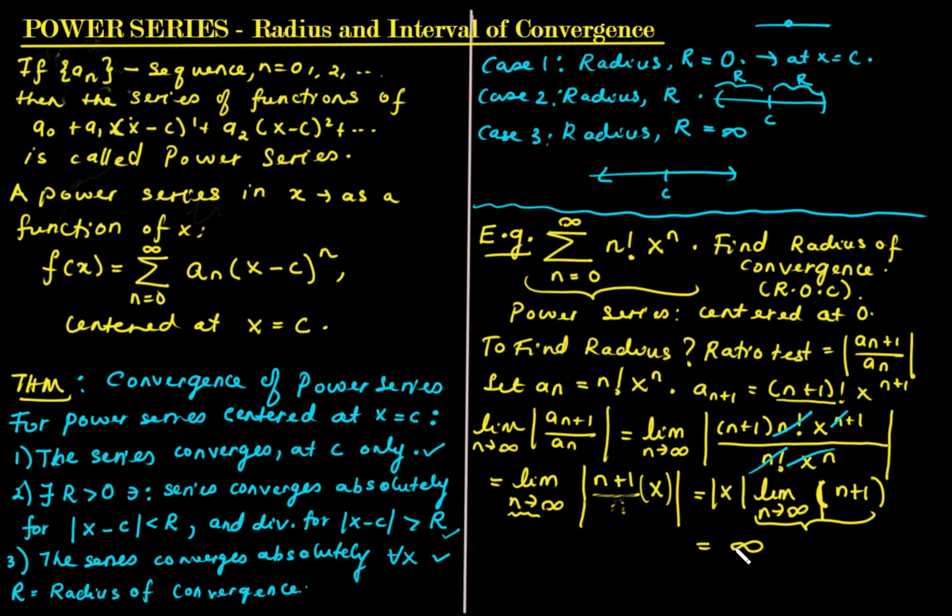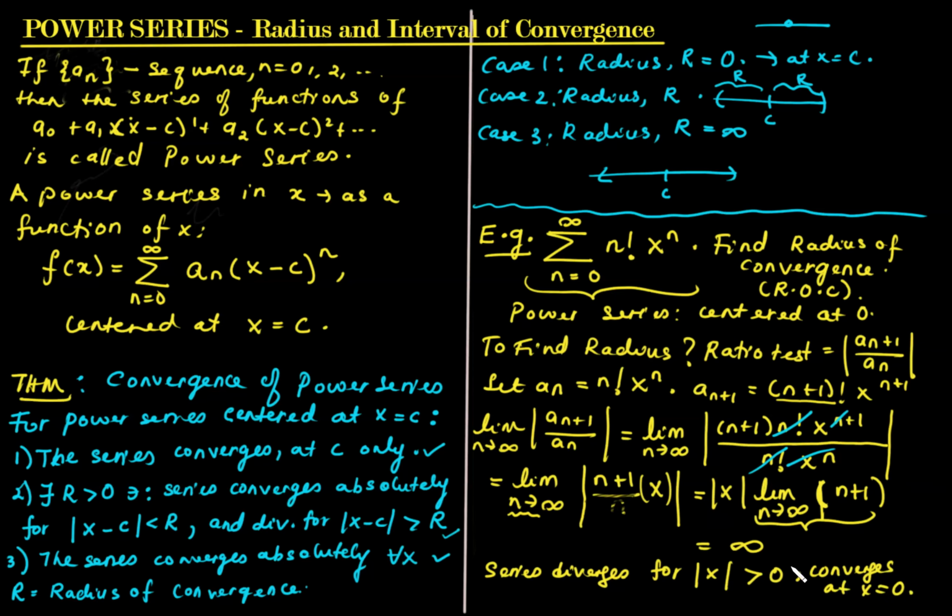So in my case, by the ratio test, this is at x equals 0, centered at 0. We will say that the series diverges for x not equal to 0, and it only converges at x equals 0.